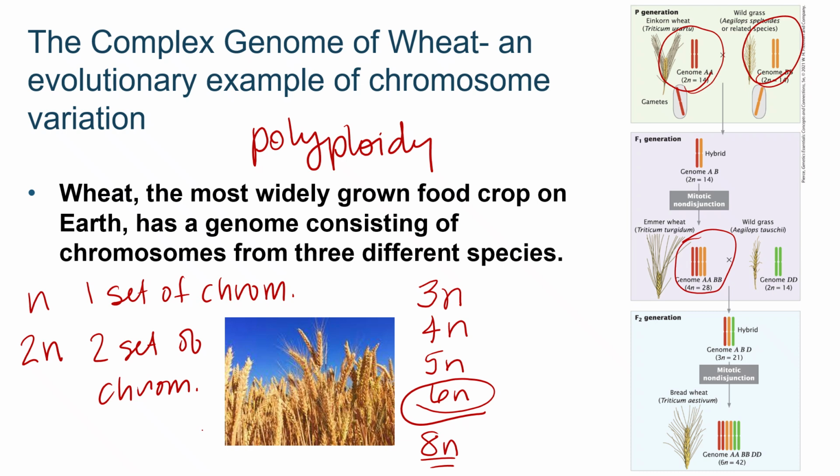Now, this immediately causes speciation because chromosomes are not compatible with either one of the parents. Then they were crossed with a wild grass and acquired a 3rd set of chromosomes, resulting in 6 copies of each chromosome. So we'll talk about this a little bit later, but this is just sort of our introduction to what we might mean by chromosome variation.